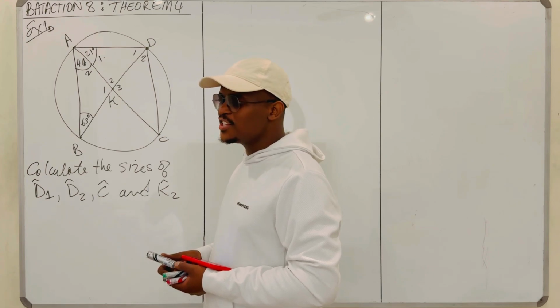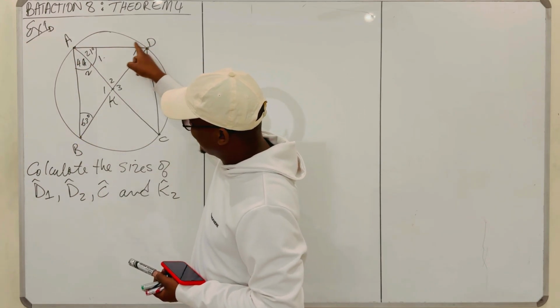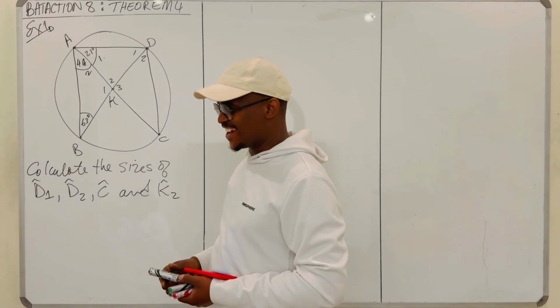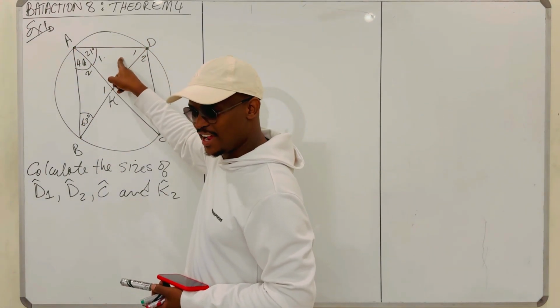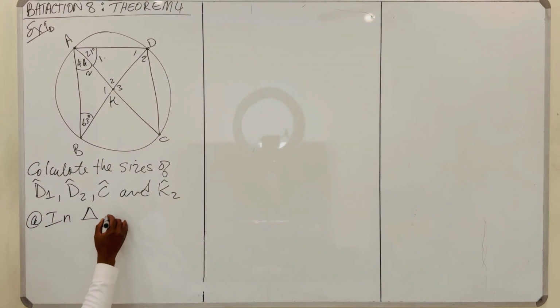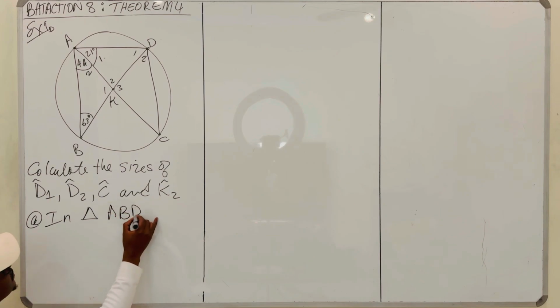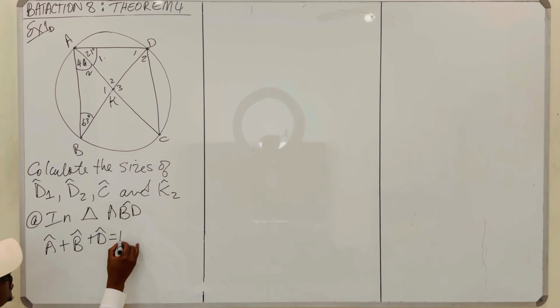So we can look at it your way, which I think you'll love very much. This is a triangle. You know, you love triangles. So this is an angle of a triangle. So we can say in triangle ABD, angle A plus angle B plus angle D is equal to 180 degrees.